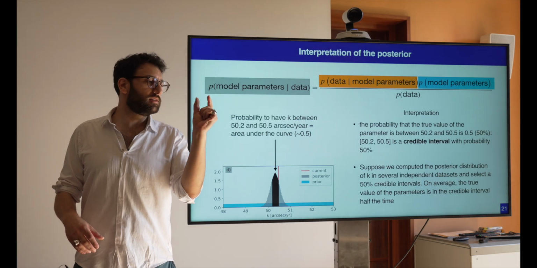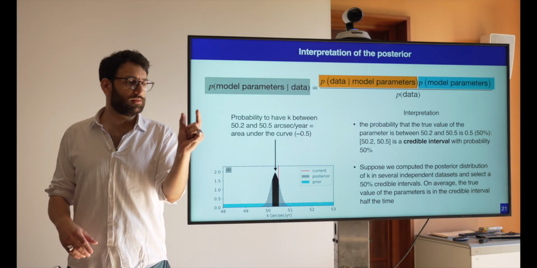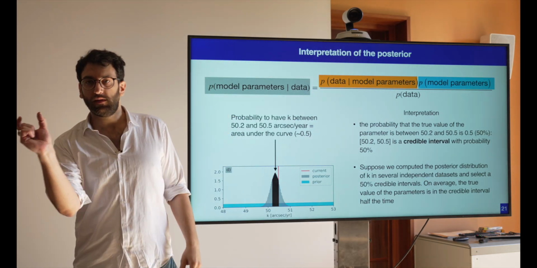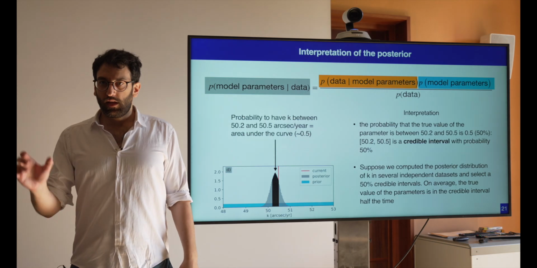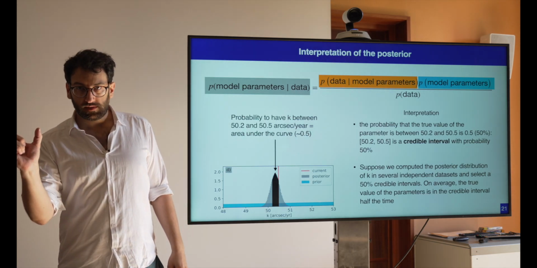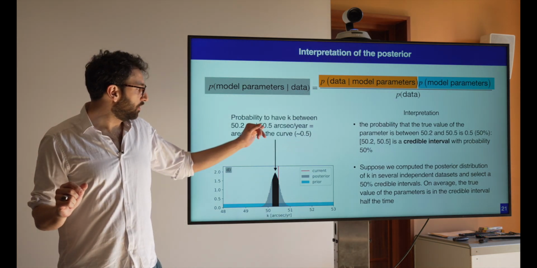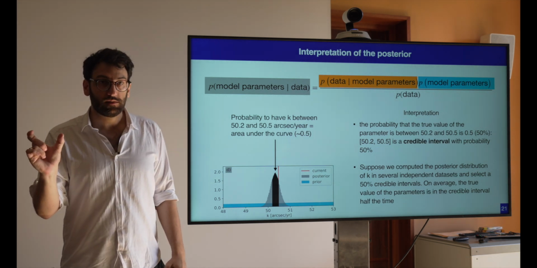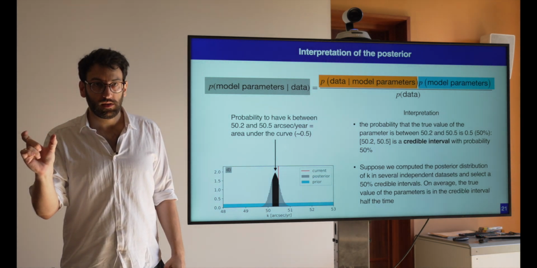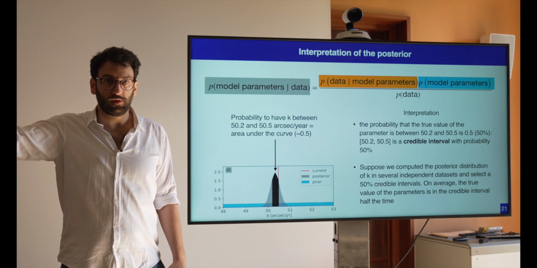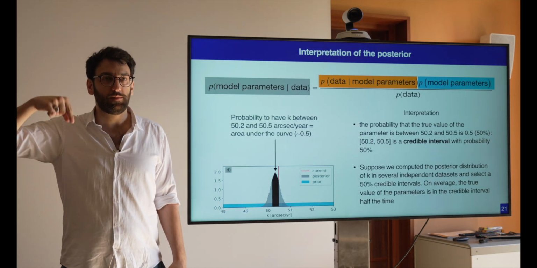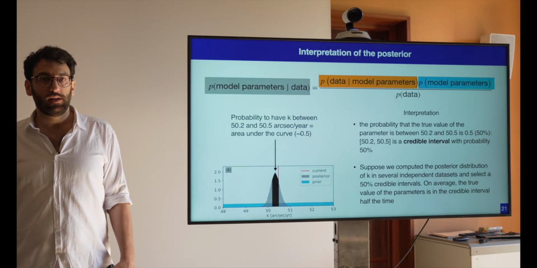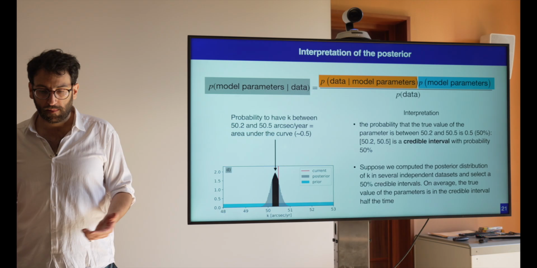In this data set, it's going to be this, in this data set, it's going to be this, and so on. You will be right 50% of the time. The true value of the precession frequency will be included in your interval 50% of the time, if you could know it. So this is a frequency, basically.